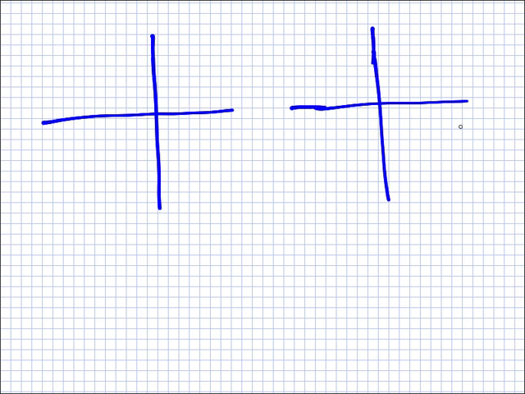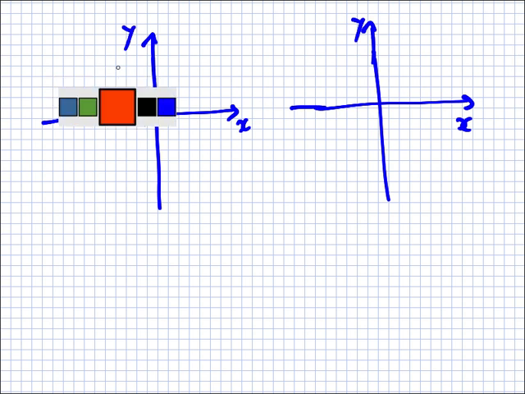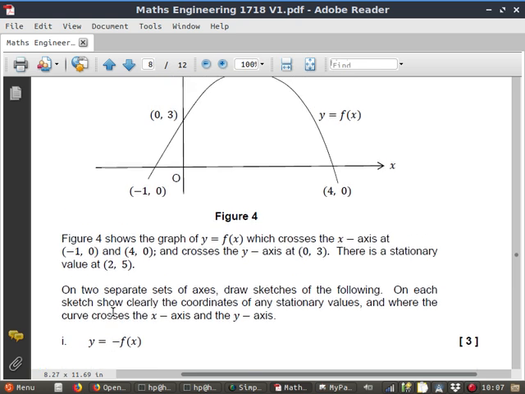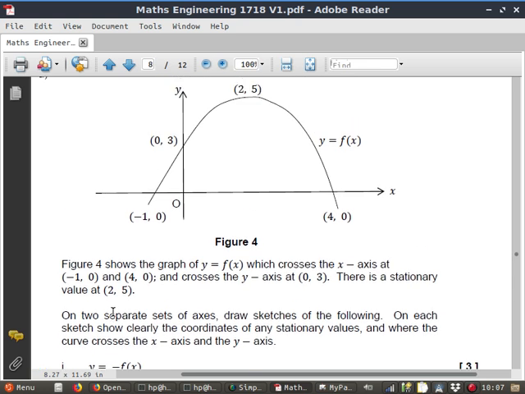Now, x, y, x. You should forget x, y. Right, the first one, what happens with the first one, Ben? What does the minus here do? Yeah, what's the verb? Flip.